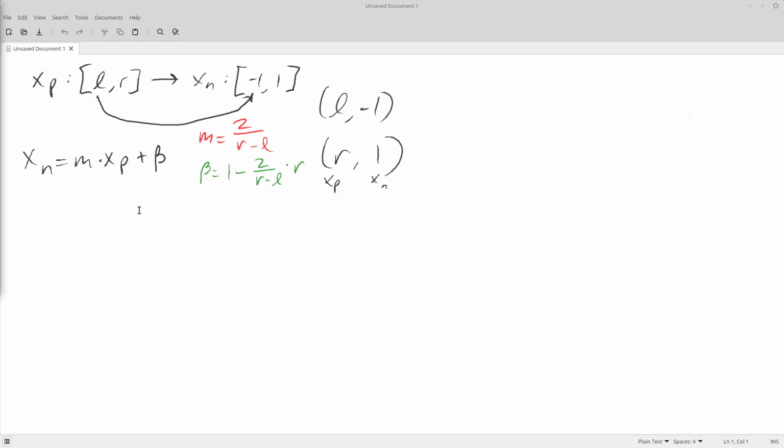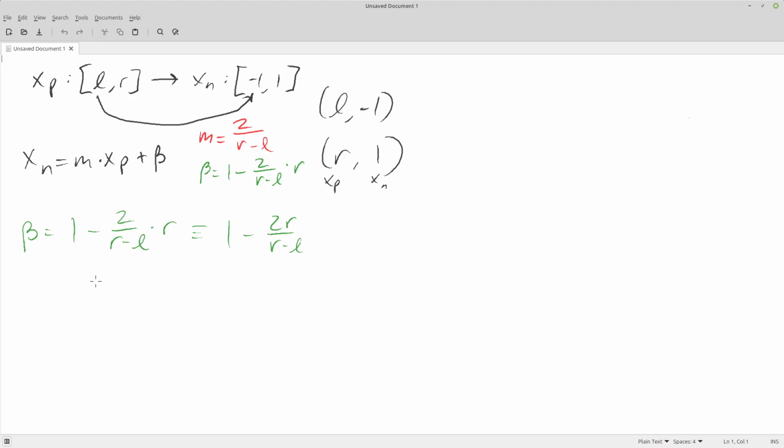Let's just try to simplify this again. I'm just following the reference doc. Let's simplify B, or beta. Let's simplify this a little bit. Multiply r onto the 2 would be 1 minus 2r over r minus l. Then let's use the common denominator here.